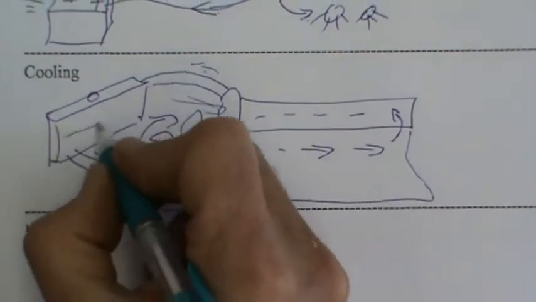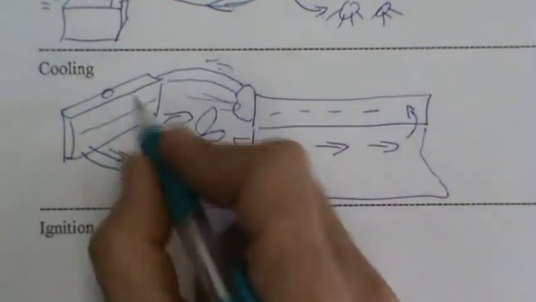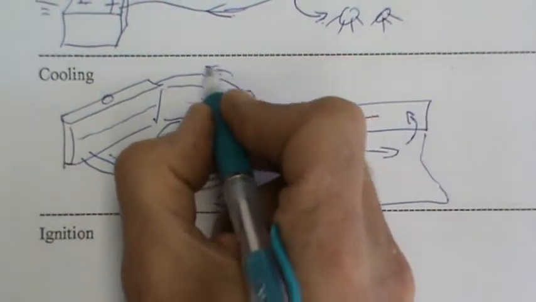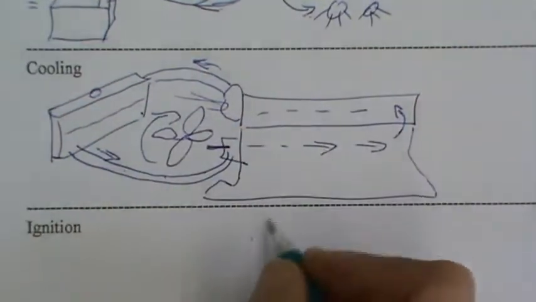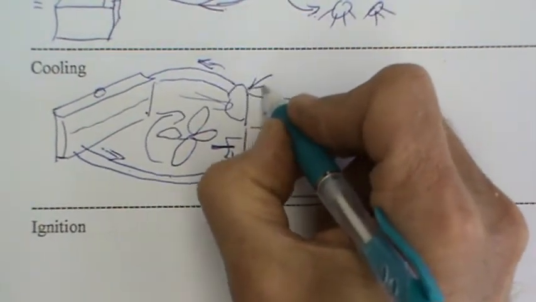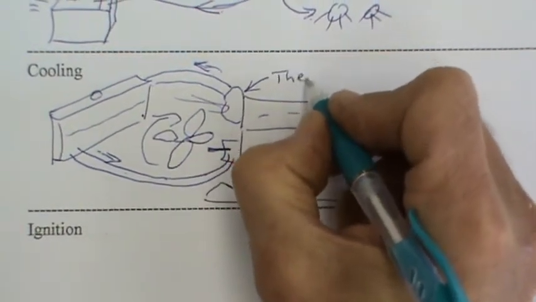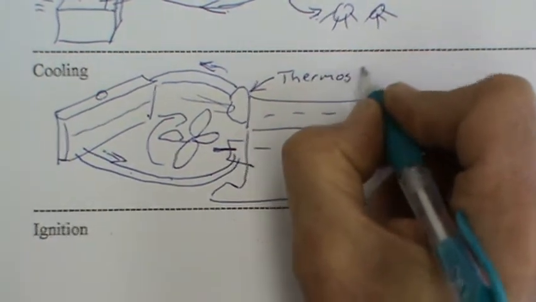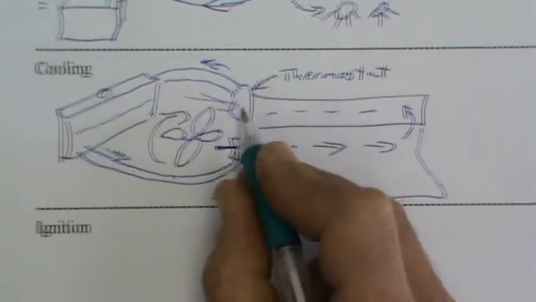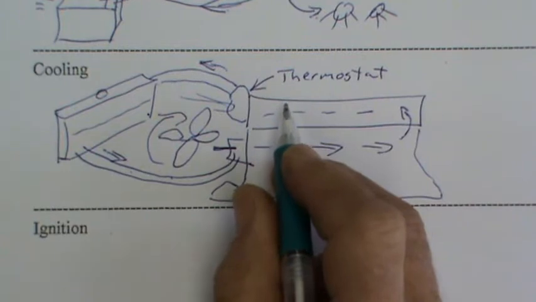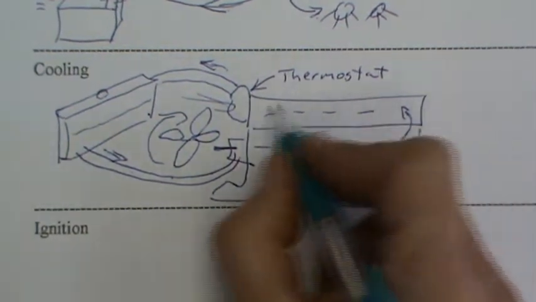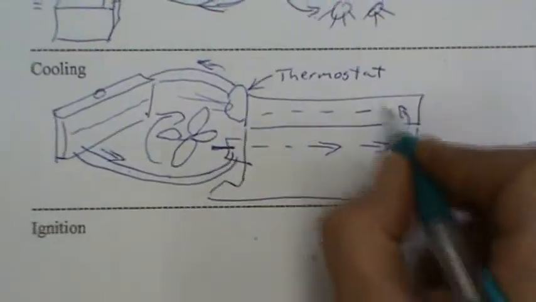So if your radiator's only half full, you're still going to have flow, so the water's flowing into the top. The thermostat controls the temperature of the motor. So when the motor's cold, the water's just flowing through the motor.